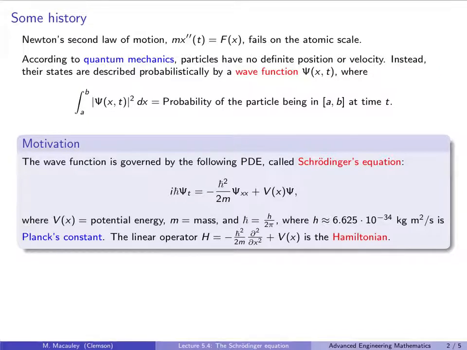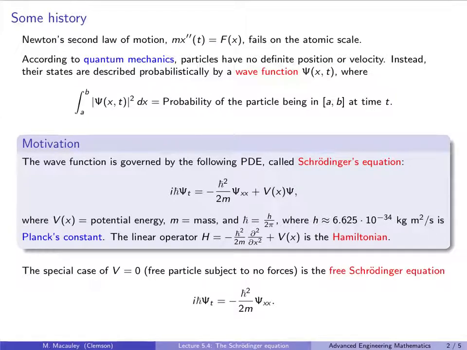The reason that is often introduced is because then the right-hand side can just be written as H psi. So Schrödinger's equation is sometimes just i h bar psi t equals H psi.